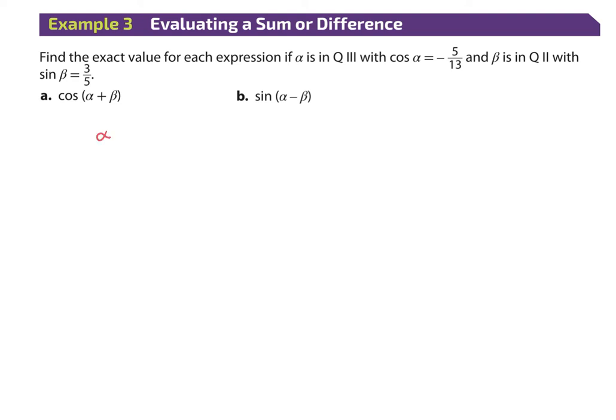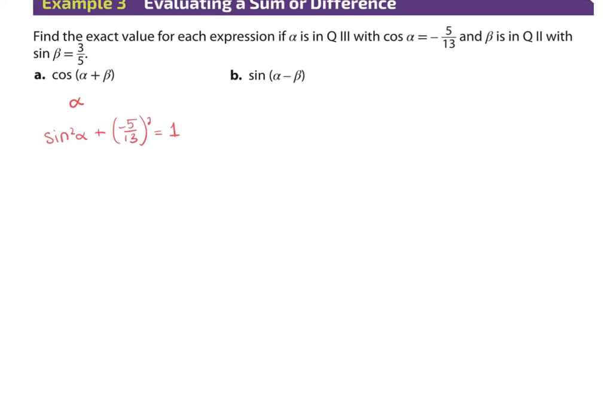If I look at the alpha angle, I have just the cosine. So I'm going to say sine squared of alpha plus the cosine squared of alpha equals 1, right? I'm going to use my Pythagorean identities here to first figure out what I am missing that I will need. And so we're just going to solve this guy.